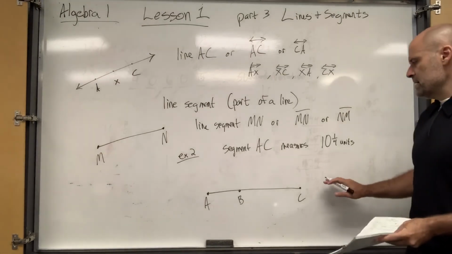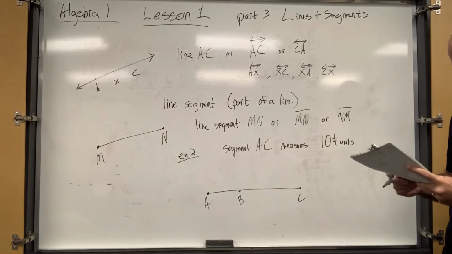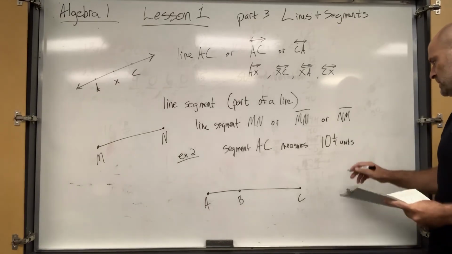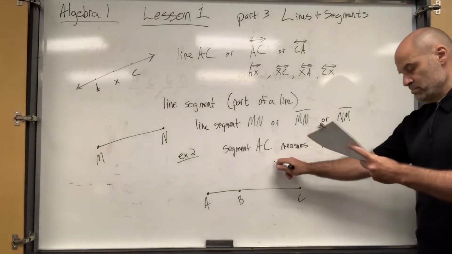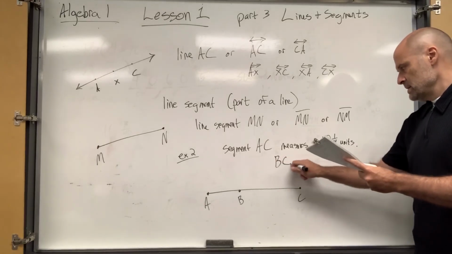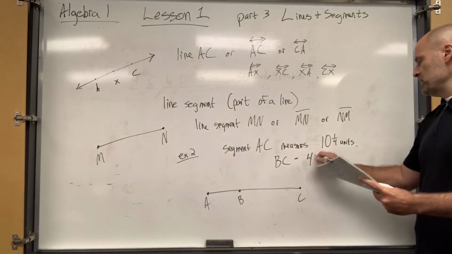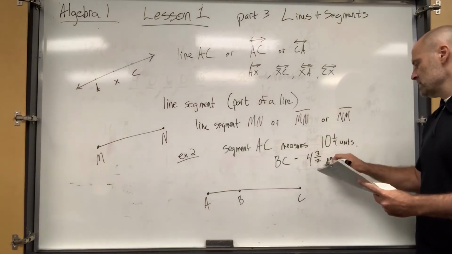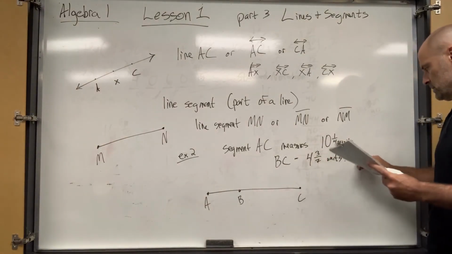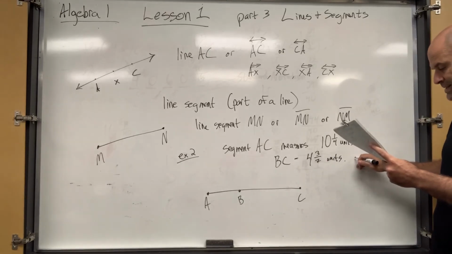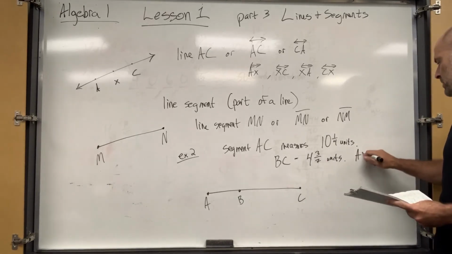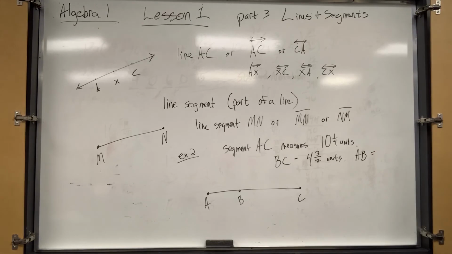All right, so AC measures 10 1/4 units, and BC equals 4 3/7 units. Okay, what does AB measure? Yeah, you just subtract.